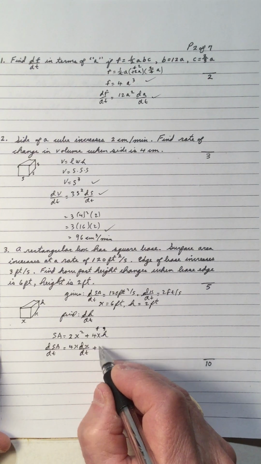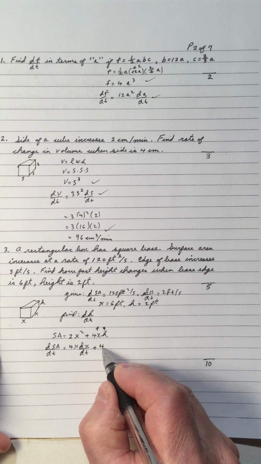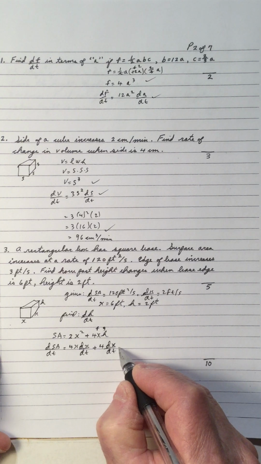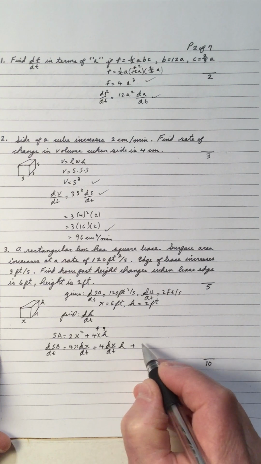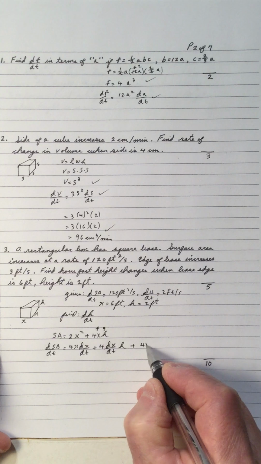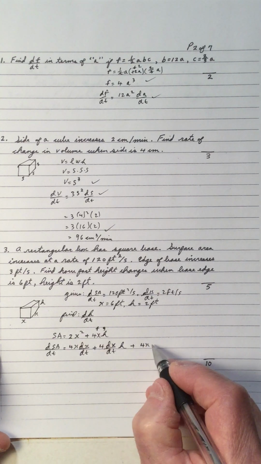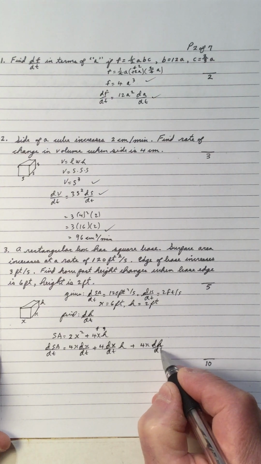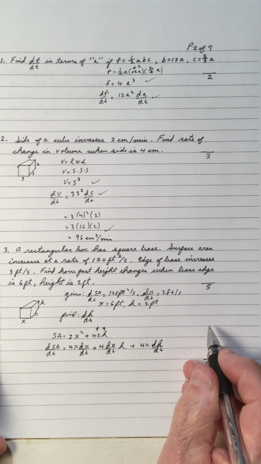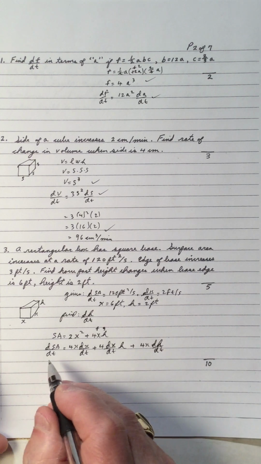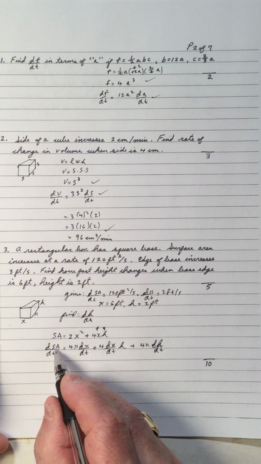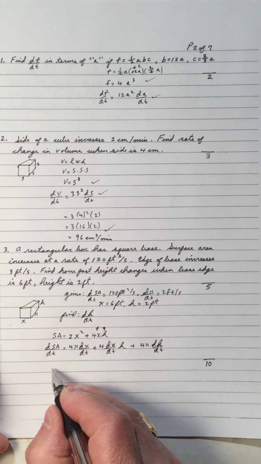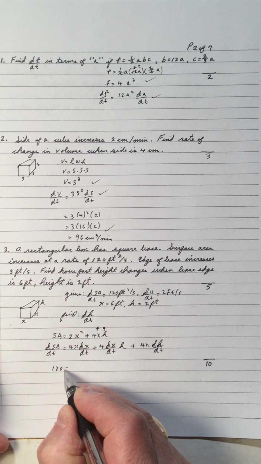The derivative of 4x is 4 dx/dt times h, plus f, which is 4x, times the derivative of h, which is 1 dh/dt. So now we have the derivative done, we do a substitution. The surface area is changing at 120, so that's 120.